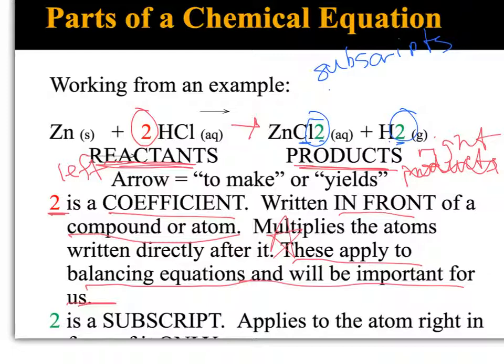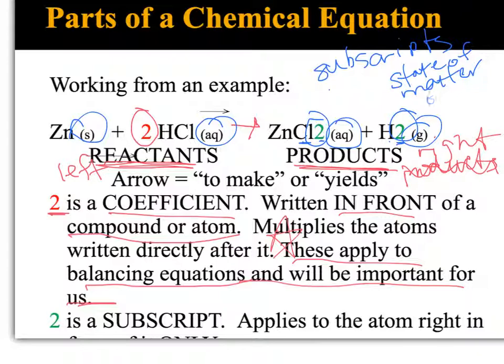The other thing that you see in this equation that I'm circling right now are state of matter or form symbols. They're not necessarily involved in the equation, but they basically mean what form the substance is in. Is it a solid? Is it dissolved in water?